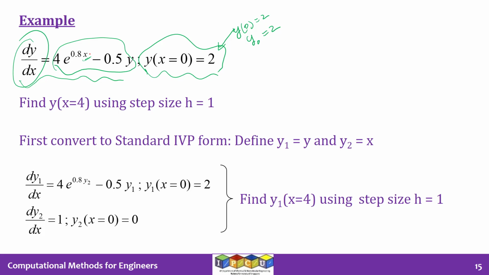Now the question that is asked of us is, using a step size of h is equal to 1, which is also given to us, find the value of y at x is equal to 4.